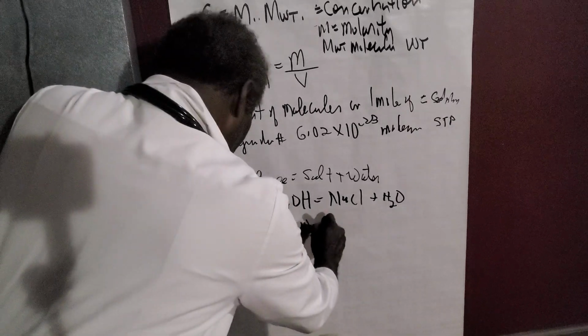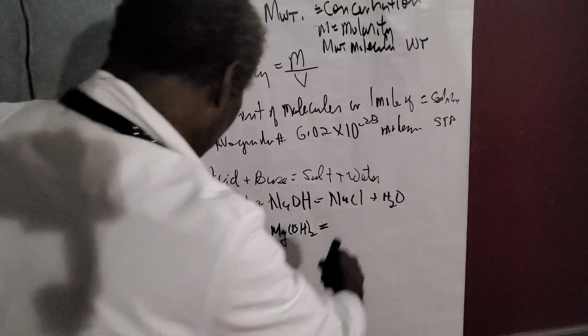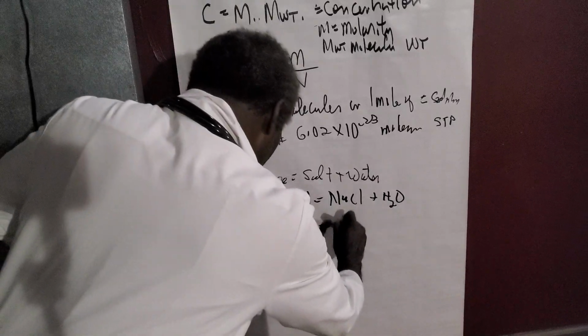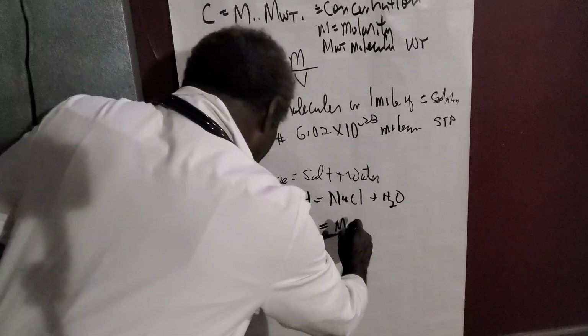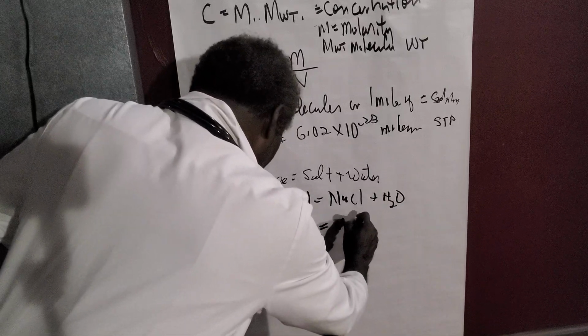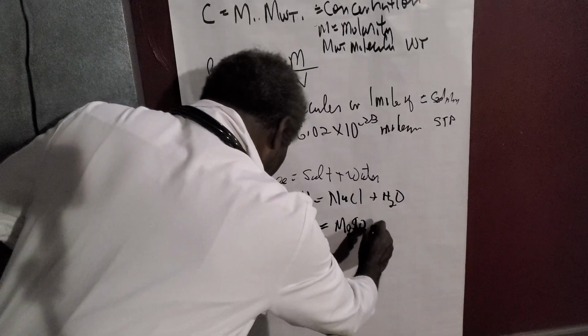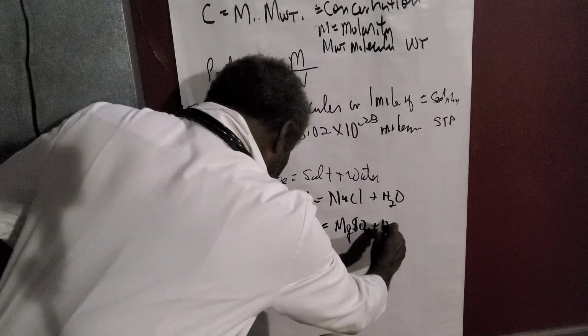So acid plus a base will now give you a salt, magnesium sulfate, plus water.